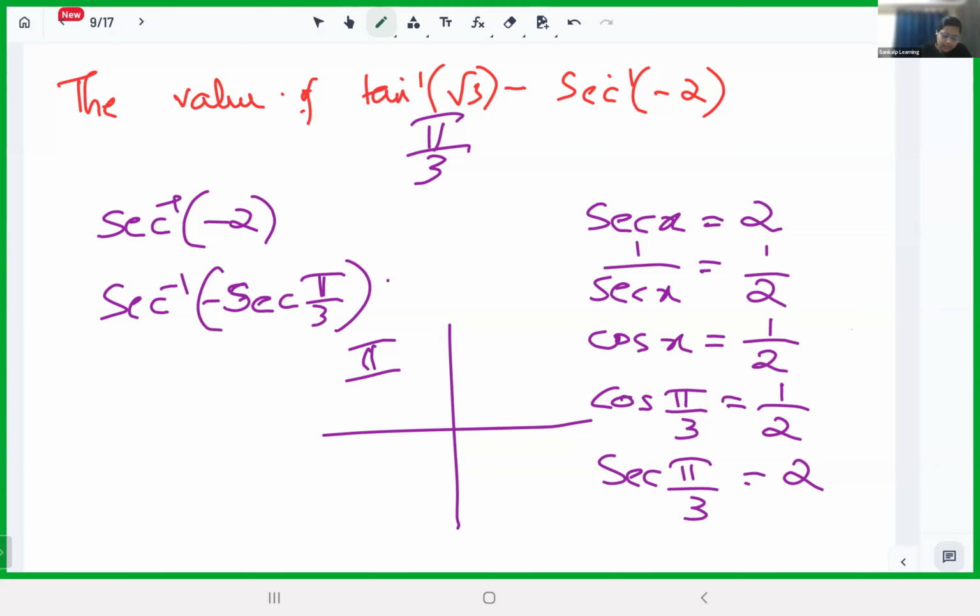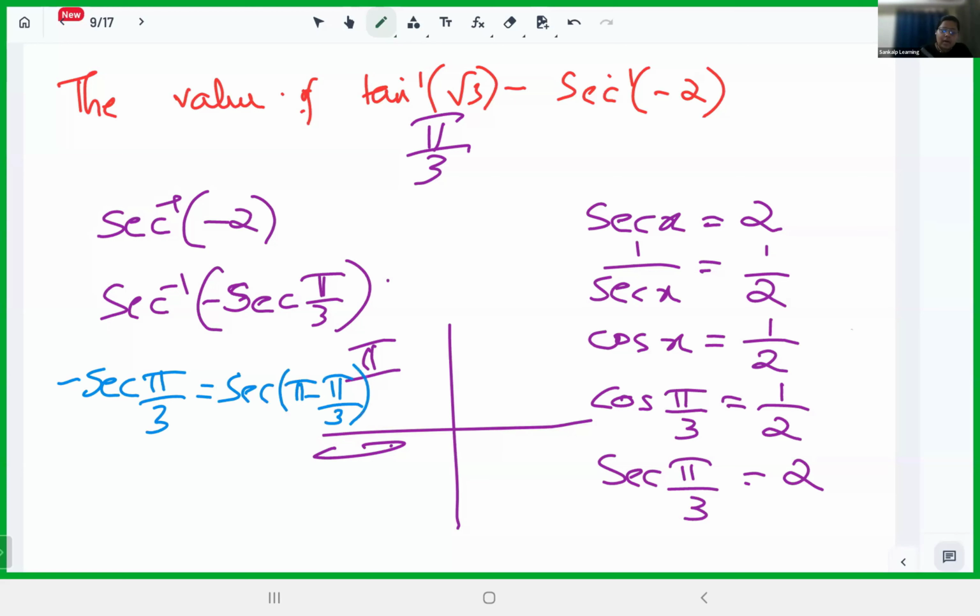Pi minus pi by 3 means this is pi, and if I subtract pi by 3 from that, you will reach the second quadrant. In the second quadrant, sec is negative. So minus sec pi by 3 can be written as sec of pi minus pi by 3.